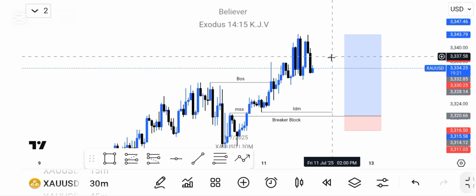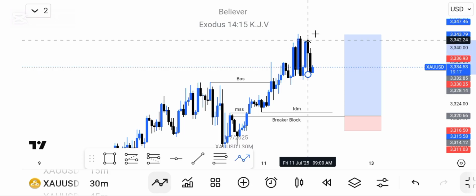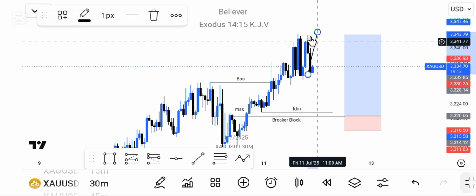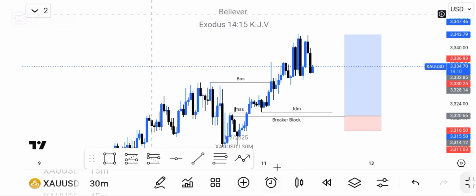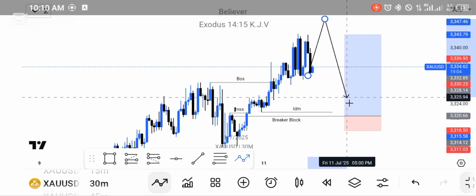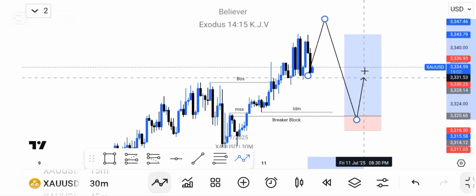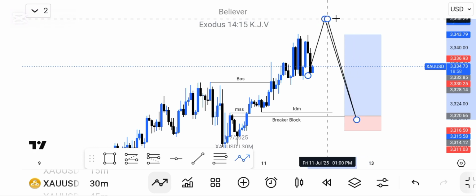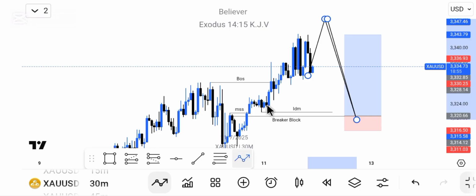But if price goes above this high for any reason and then comes back down to trigger me, I'm going to take profit on that high. Any high that reacts, that comes back to my point of interest, that's the high where I'm going to take my profit.